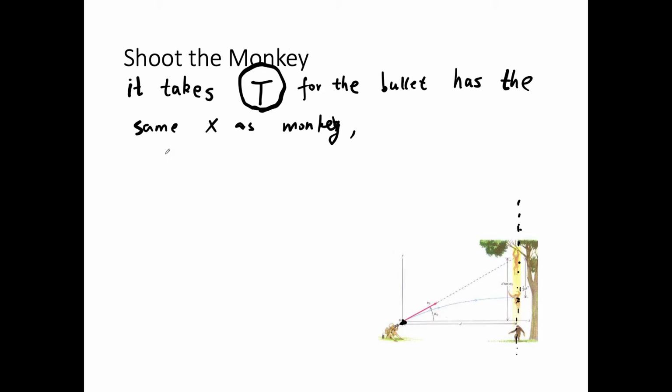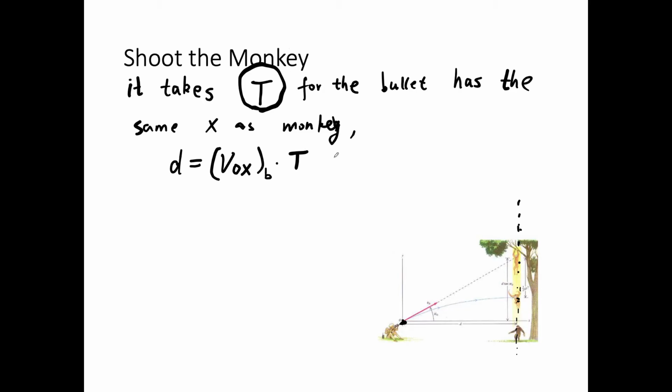So, we know in the x direction what kind of motion the bullet is doing. The bullet is doing constant velocity motion, right? So distance traveled by the bullet equals velocity of the bullet, which is a constant, so it always equals v0x of the bullet times t.